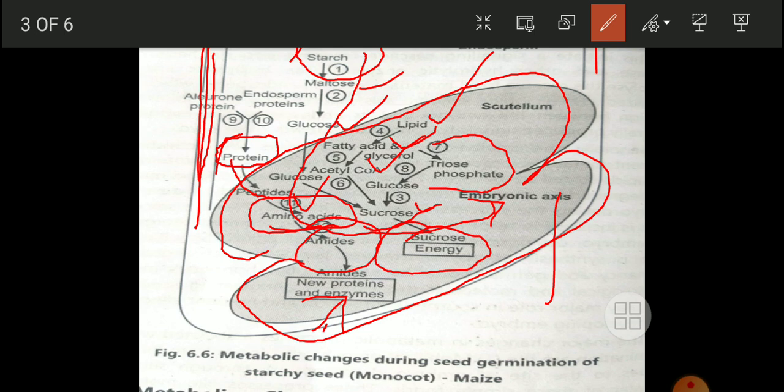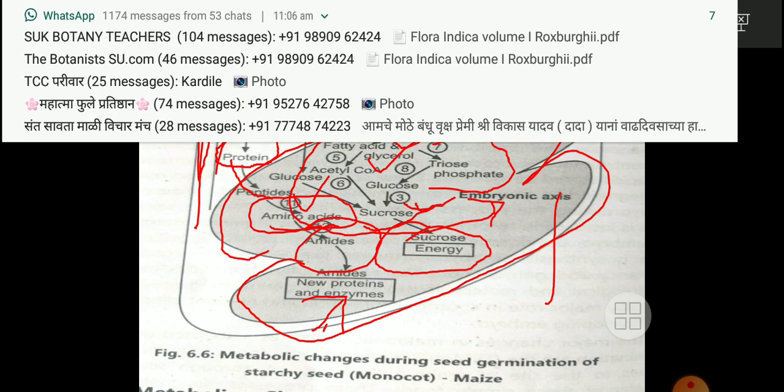That triose phosphate is used for the synthesis of glucose. The glucose synthesized by lipid degradation is used in synthesizing sucrose. We know that sucrose provides the energy to the developing embryo, and it is supplied at the embryonic axis.